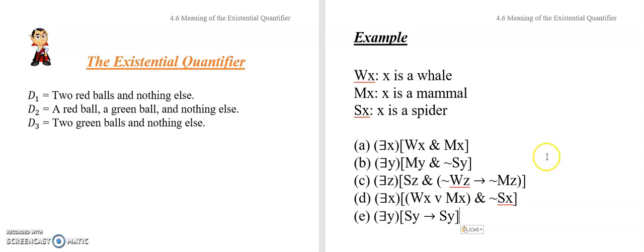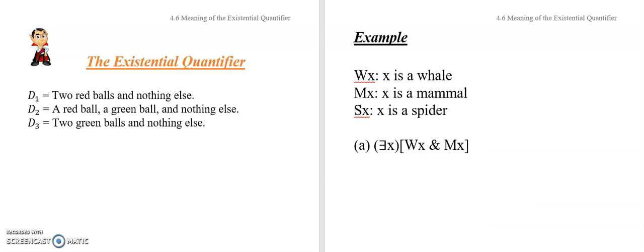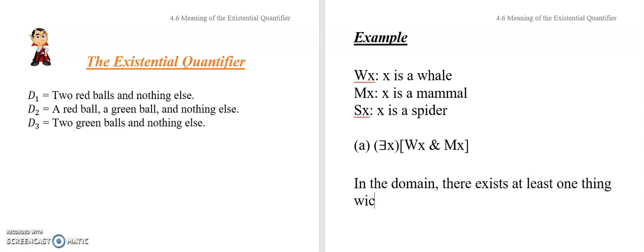All right, hope you've had a chance to pause and think these through. I'm going to give myself some space here to work with. So with respect to this one, this is going to say, in the domain, there exists at least one thing satisfying this description.